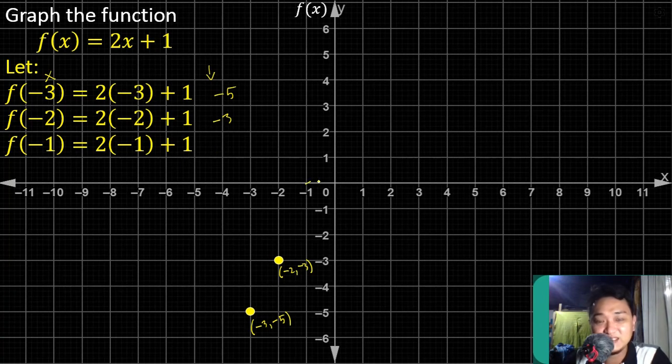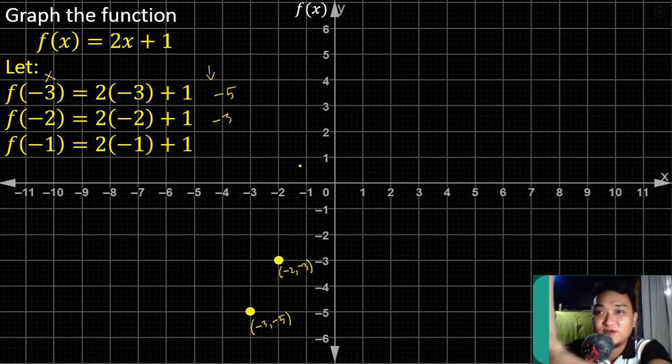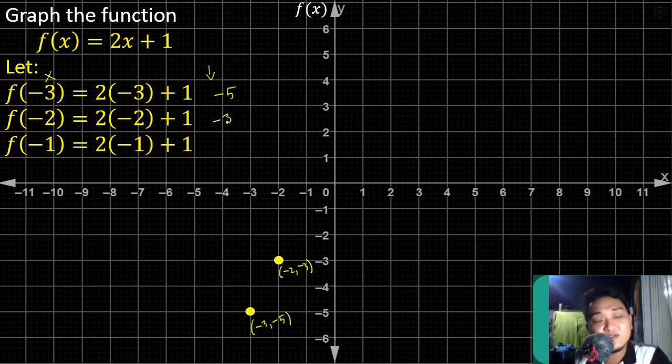If the value of x is negative 1, what will be the value of y, or what will be the value of the function? So 2 times negative 1 is negative 2 plus 1. Negative 2 plus 1 is negative 1. So here, the coordinate of this point is negative 1, negative 1.